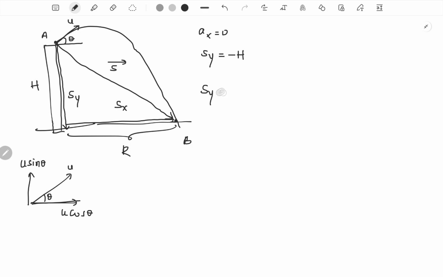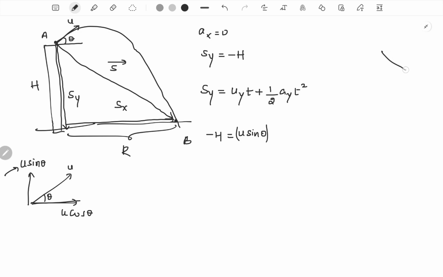So I would use this relation, sy is equal to uy t plus half into ay into t square. As it goes from A to B, the y component of displacement is minus h. uy represents initial y component of velocity, which is u sin theta, that too positive, because as you see it was in the upward direction.